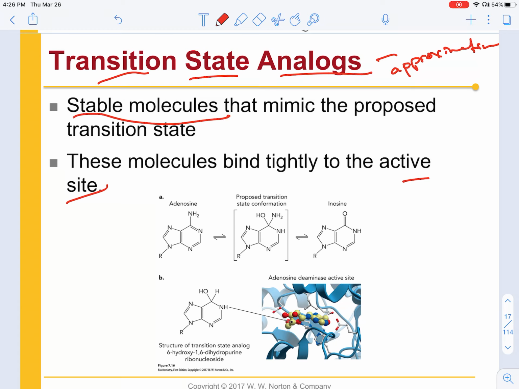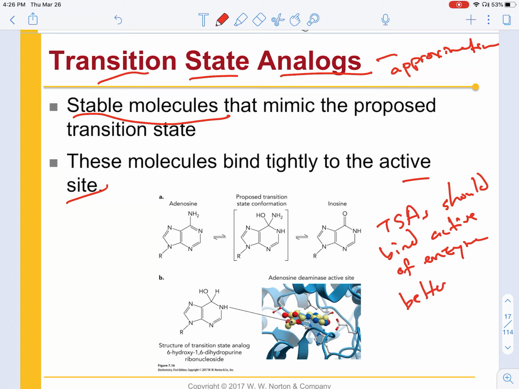They are molecules that exist, and they should bind to the active site. TSAs should bind to the active site of an enzyme better than the substrate.